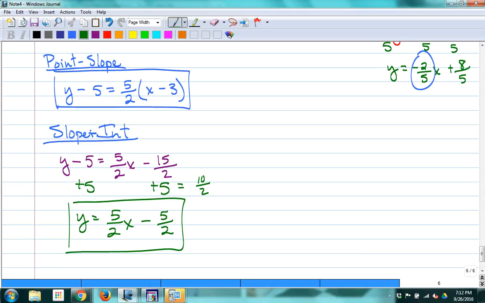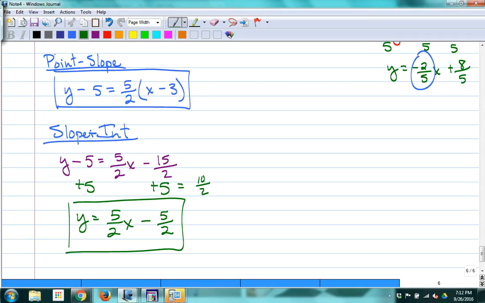So negative 15 over 2 plus 5. And I just changed 5 to 10 over 2 so I could do it without a calculator there. But you're welcome to use a calculator. Encouraged to use a calculator if you need to. All right. Now, that's slope-intercept form then.